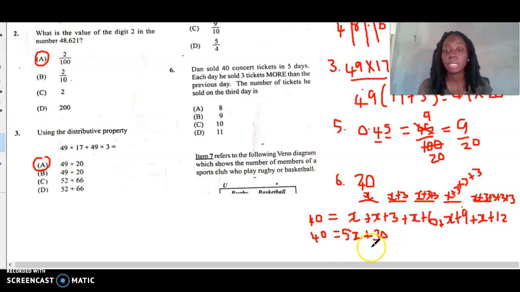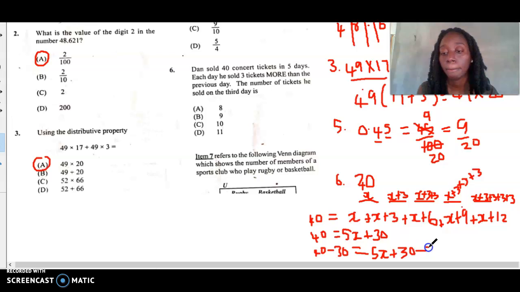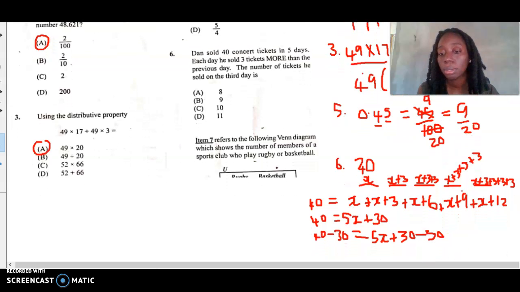Alright, so solving this equation, I can subtract 30 from both sides. So 40 minus 30 is equal to 5x plus 30 minus 30.